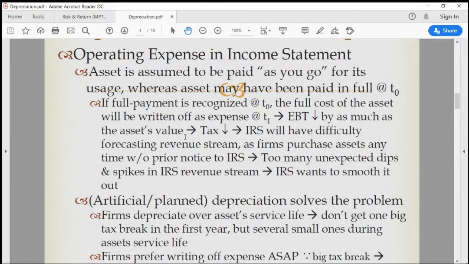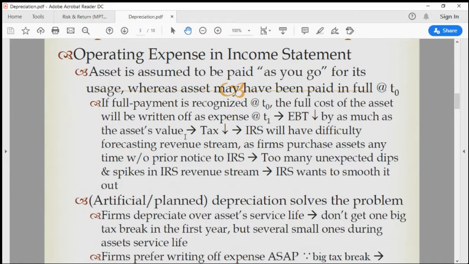EBT also goes down by 50K. Of course, it doesn't go down directly by 50K because from EBIT, the interest payment is taken out, but anyway, it will reduce the EBT by that same magnitude.